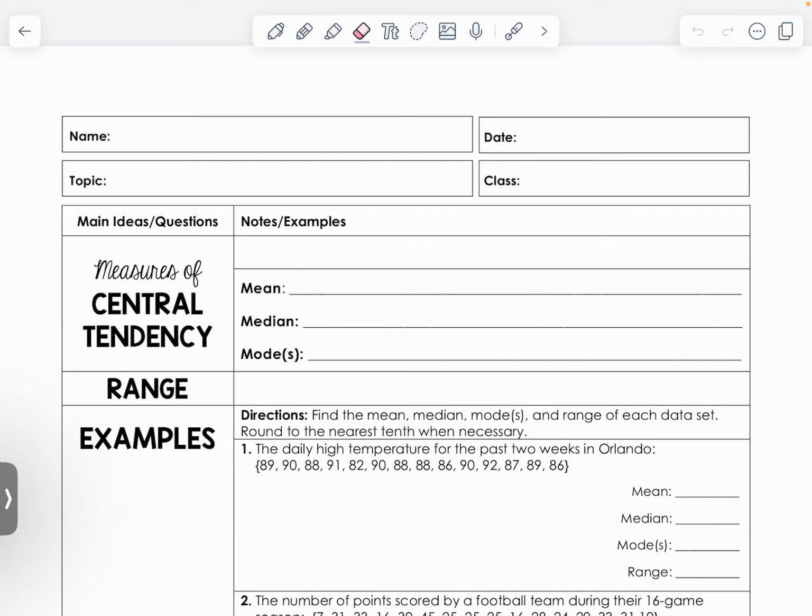Also keep in mind that the things that we work on today and tomorrow are going to be what you do with your data for your project. Remember, you are approving a topic with me. You're asking 30 people a question that they give you a number answer for.